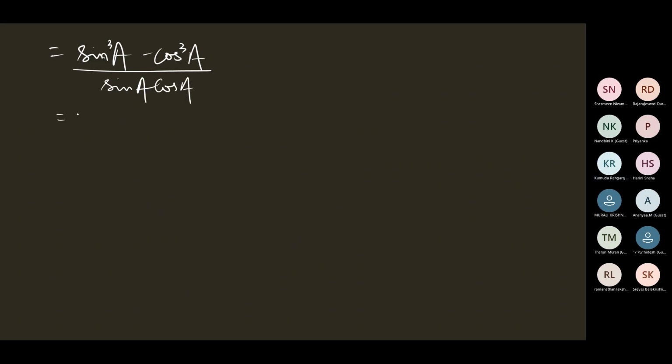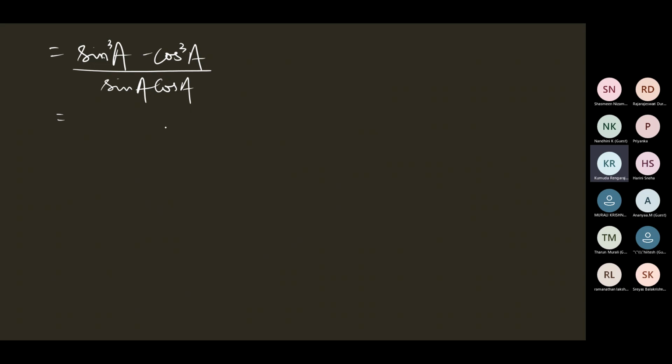Okay. So we have sine cubed A minus cos cubed A divided by sine A cos A. Now tell me, what can we do next? Quick. We've seen this many times earlier.